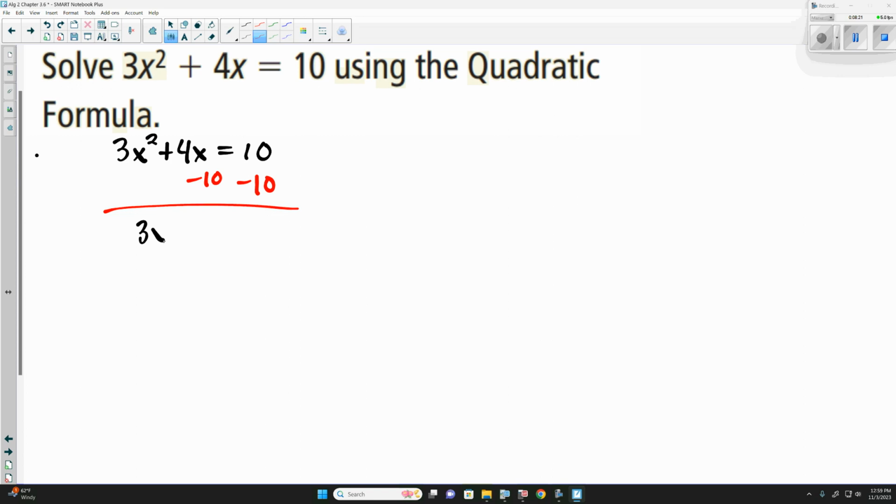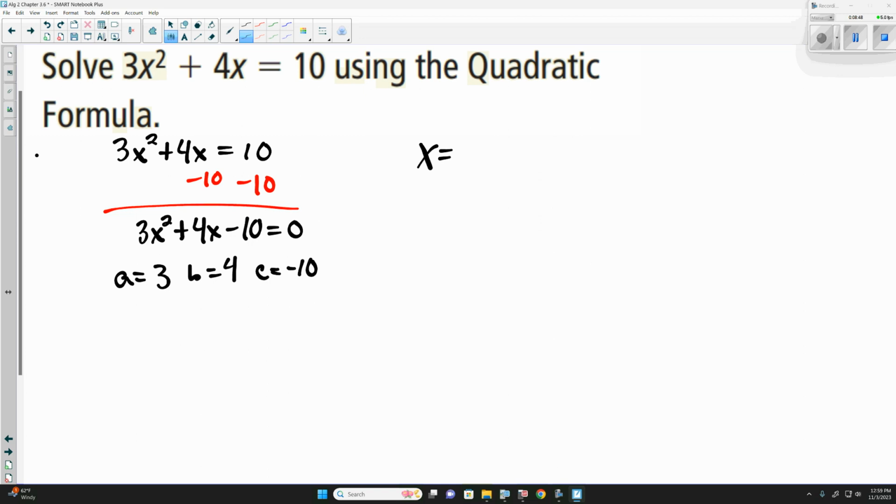Telling us 3x squared plus 4x minus 10 is equal to 0. A, B, C. So in our case here, what's the value of A? Value of B, C, -10. Because we will always take the sign in front of the number.